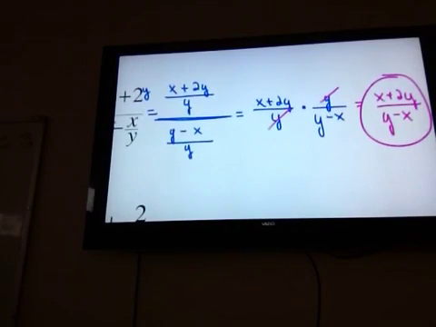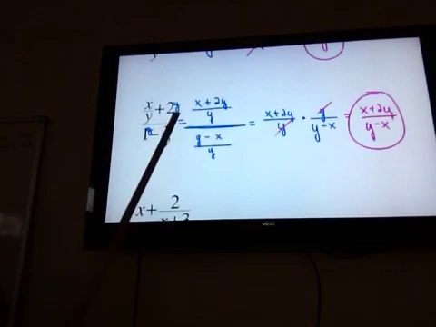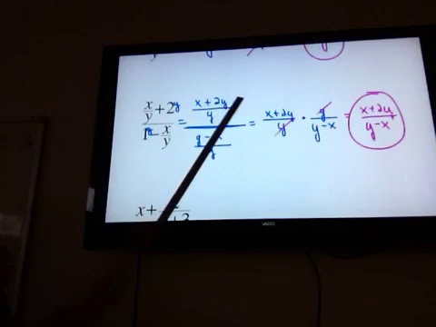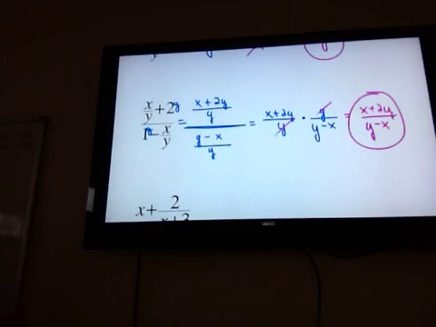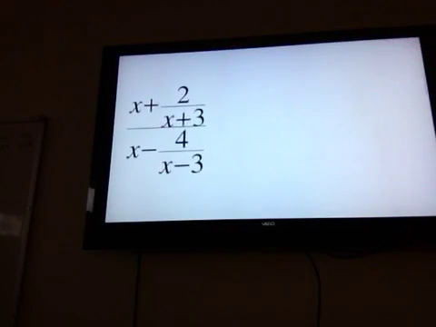So again, from the beginning of the question, if you don't like it written like this, you can take the numerator, write a division symbol, and then the denominator, and then proceed the same way though. Okay, again, numerator first, then denominator, then we'll flip.